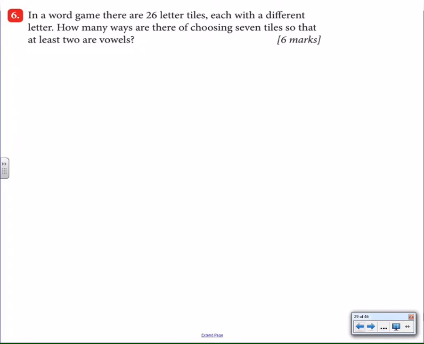This is only one of each letter. So the point is that to do this directly would be a painful process because we would have to count all the different possibilities for more than 2 vowels. Instead, what we're going to do is consider all the different ways that 7 tiles can be chosen from a set of 26.